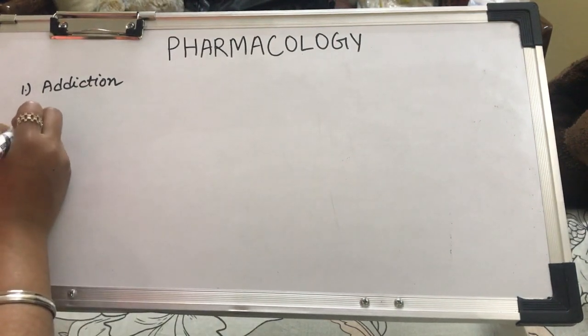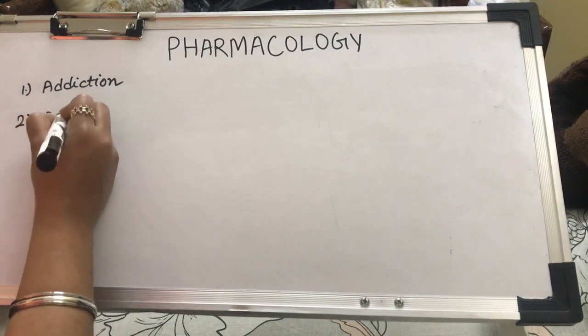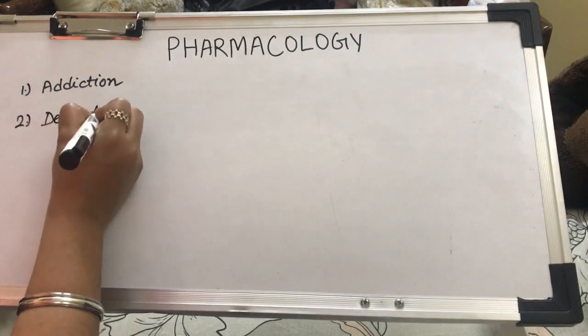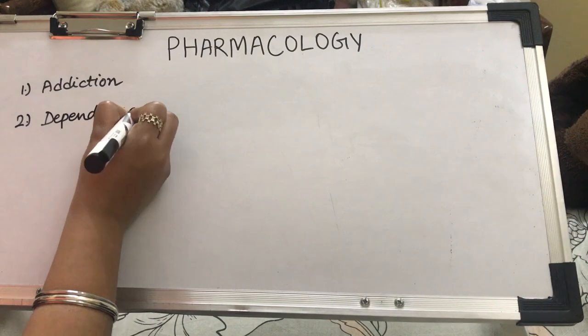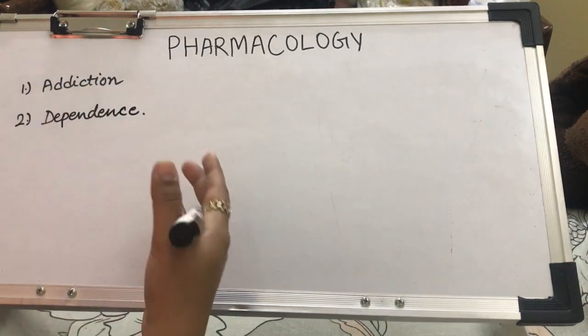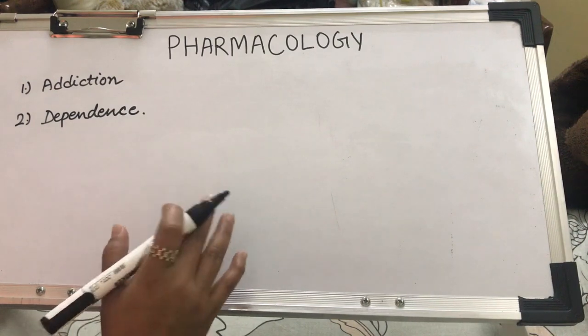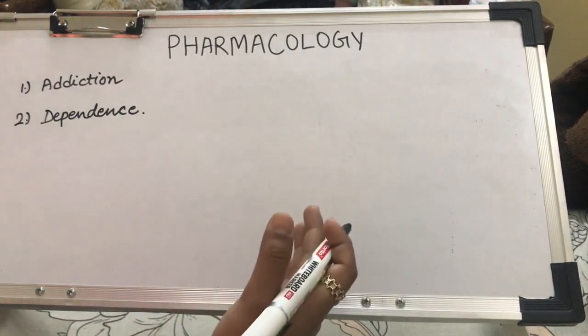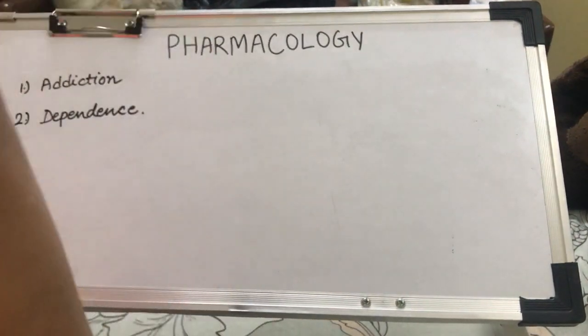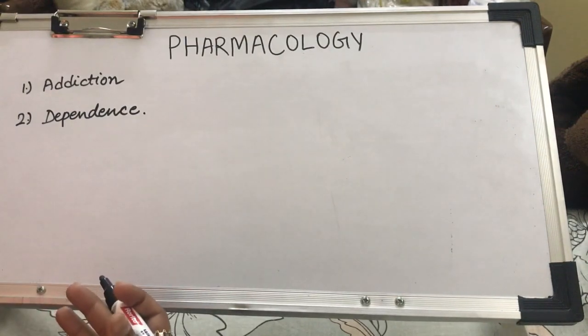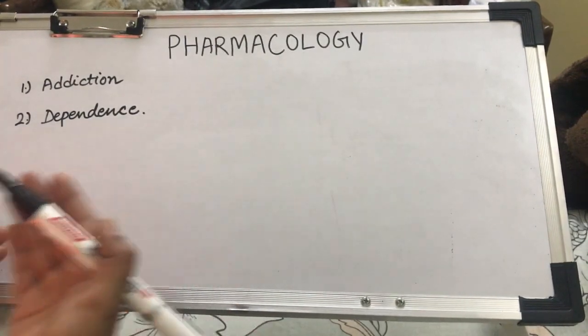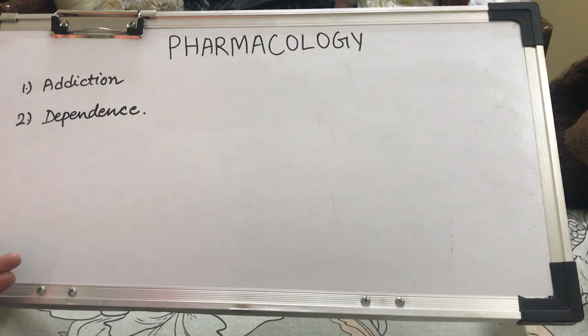Second term is dependence. Now, dependence is a physical condition in which the body has adapted to the presence of the drug. Your body becomes used to there being drug present in your blood.